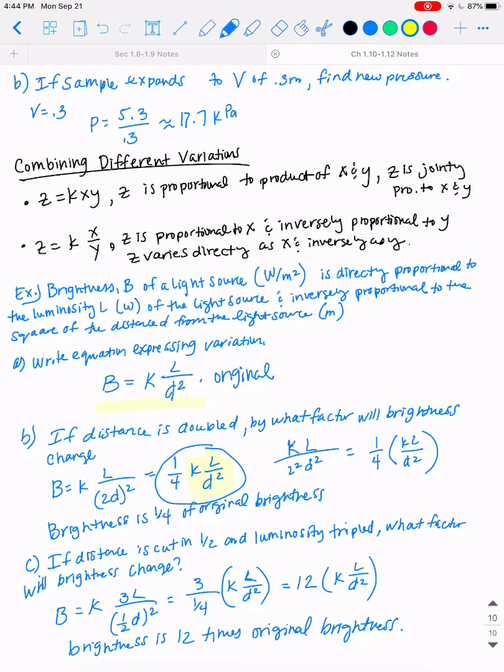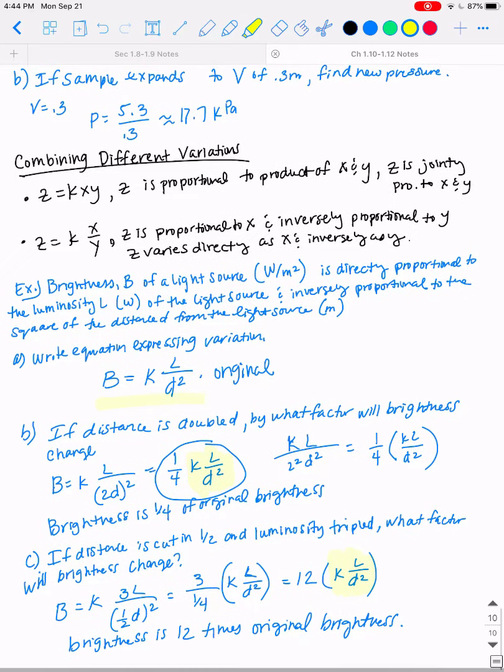I'm just pulling out the constants there, and then we're left with K L over D squared. So that equals 12 K L over D squared. Therefore, since this is the original equation again, that means brightness is 12 times the original brightness.